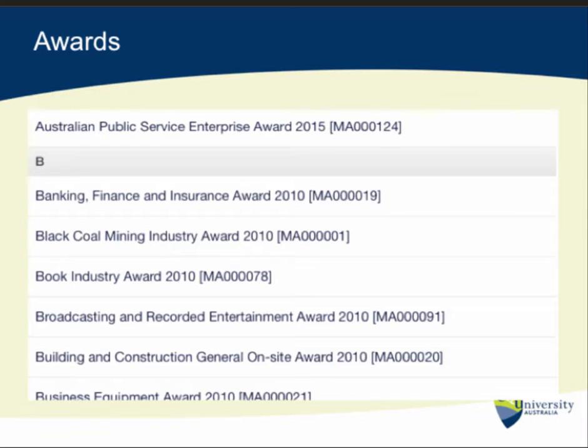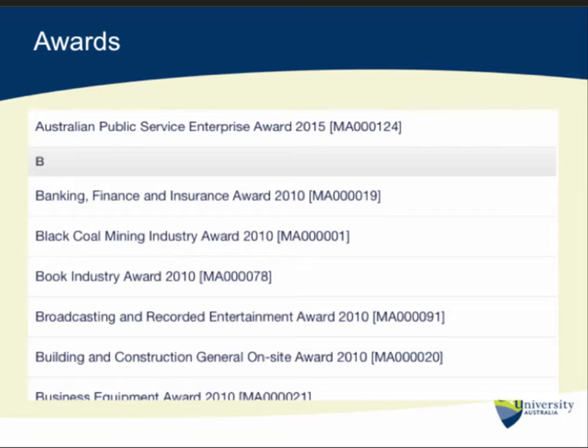If you go on to the Fair Work webpage, you'll be able to access the awards which currently exist within Australia, and there is a record of them. I mean, there'd be no award which was current and which was enforceable, which wasn't on that page. But there've been a lot of changes in the last 20 years around awards.